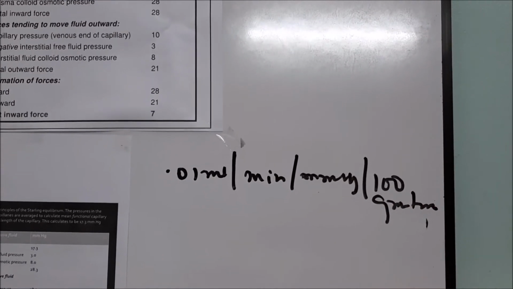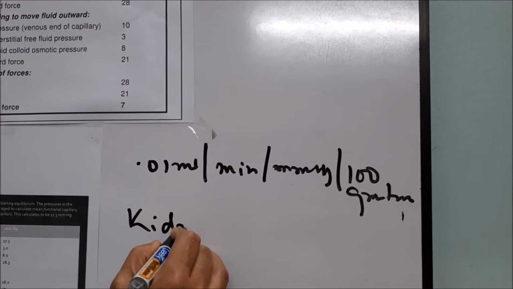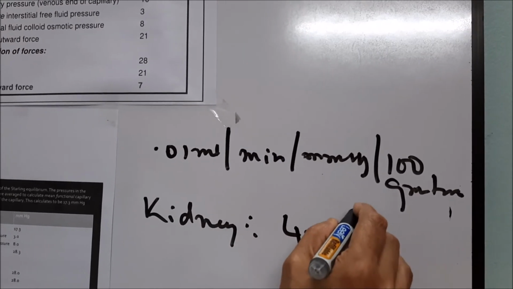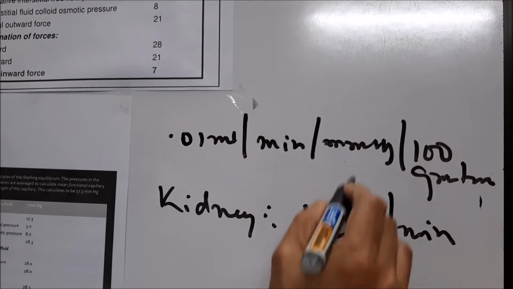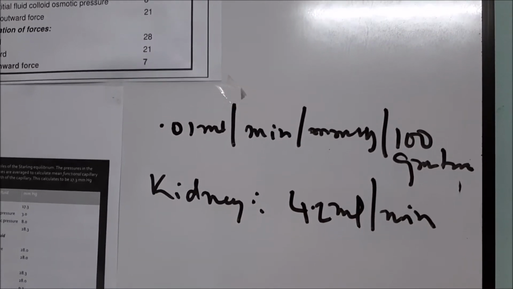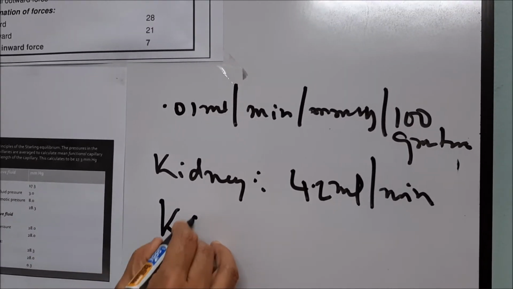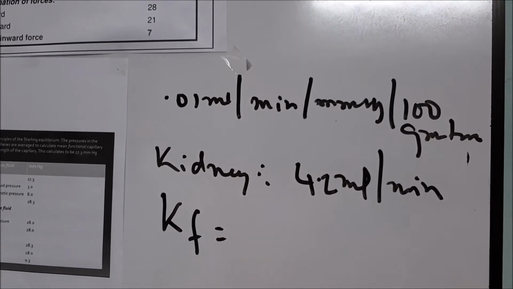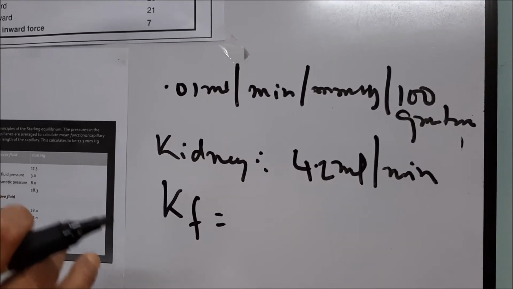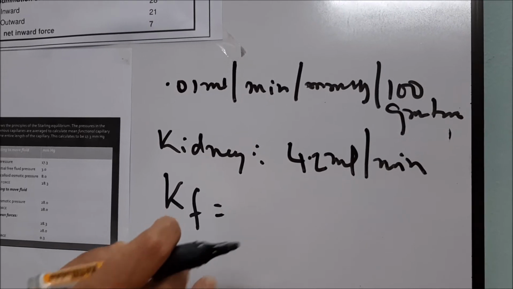In the whole body it is the same thing, but in kidney it is 4.2 ml per minute per millimeter of mercury per 100 gram of tissue. That is called filtration coefficient. What is filtration coefficient? It is the fluid that is filtered in ml per minute per millimeter of mercury pressure per 100 gram of tissue.